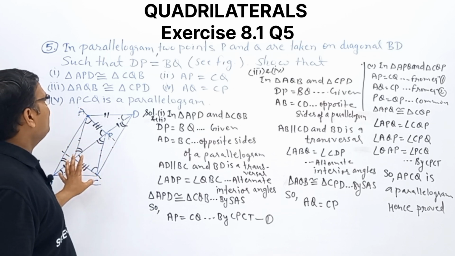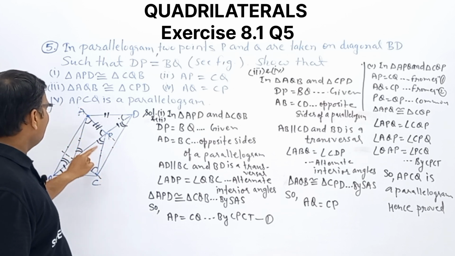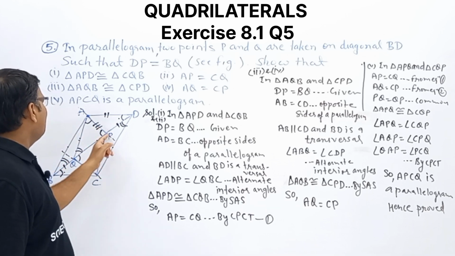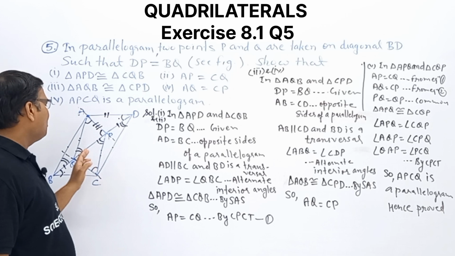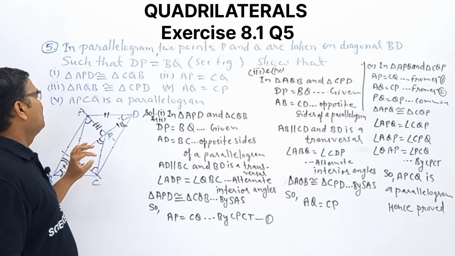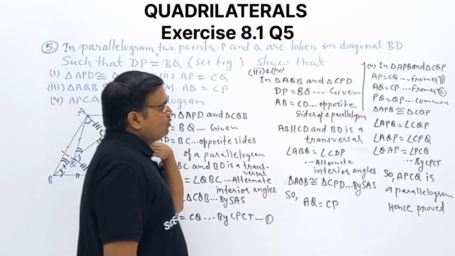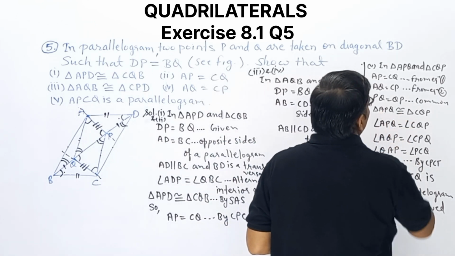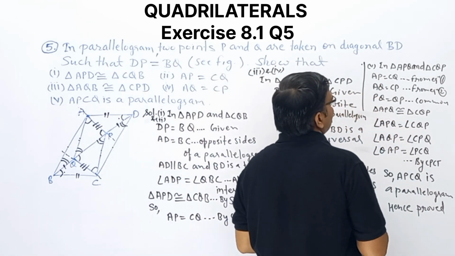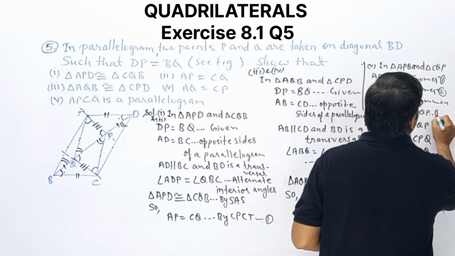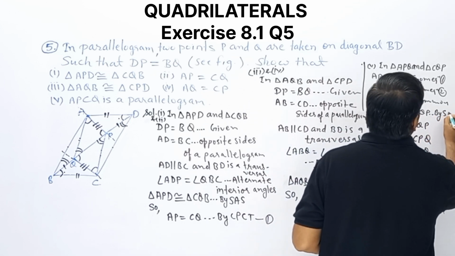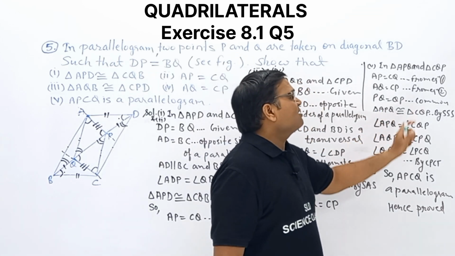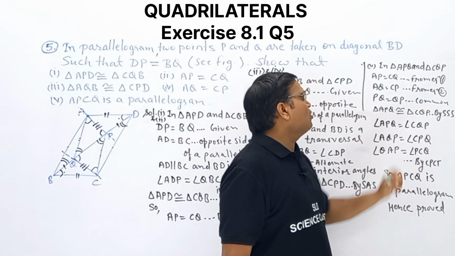So this side equal to this one and this one equal to this one. Clear? And PQ is what? Common. PQ is common in both. So from what congruence rule? Triangle APQ congruent to triangle CQP by side side side congruence rule. So these two triangles are congruent.